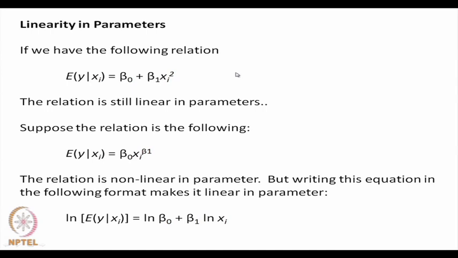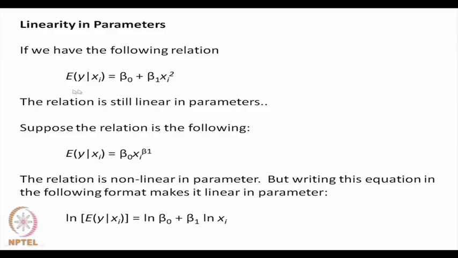Now, we normally deal with equations that are linear in parameters. What does it mean? It means that our unknown quantities are beta 0 and beta 1, unknown parameters whose values we would like to estimate.